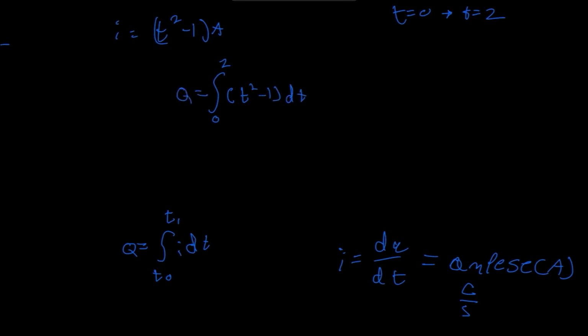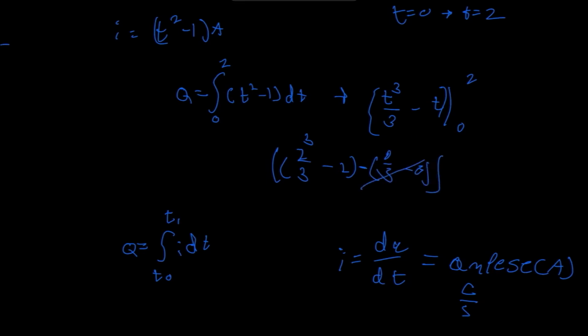equals Q. So quickly doing the integral of this is going to be t cubed divided by 3 minus t from 0 to 2. And then plugging that all in, this is going to be 2 cubed over 3 minus 2, and then minus 0 over 3 minus 0.